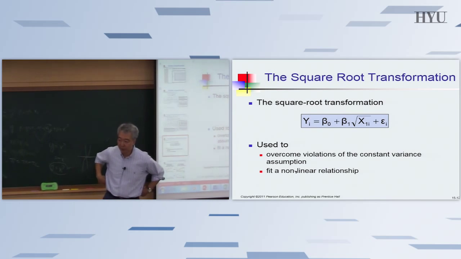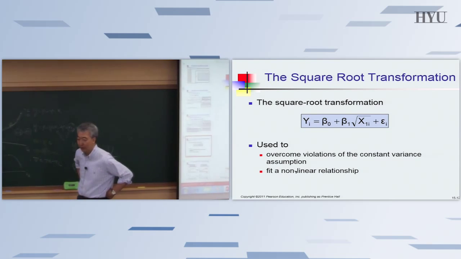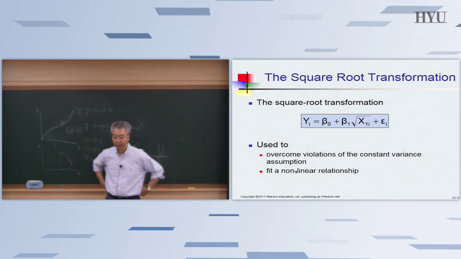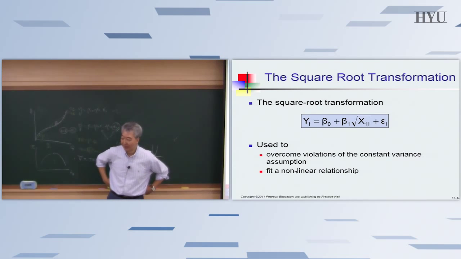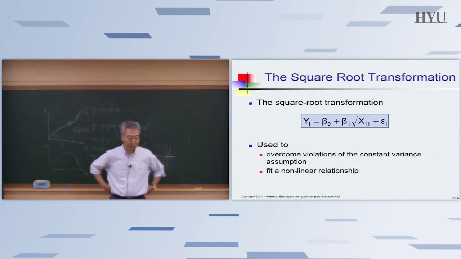We have a weird term for this, right? I'm talking about the terminology. Homoscedasticity, right? That's the equal variance assumption.